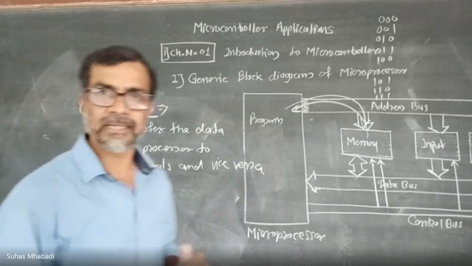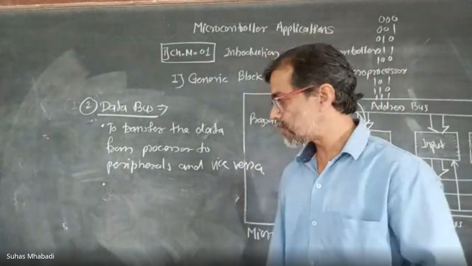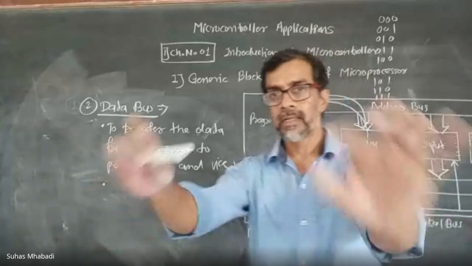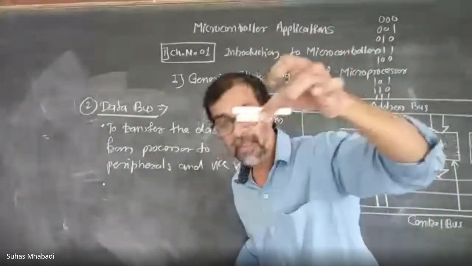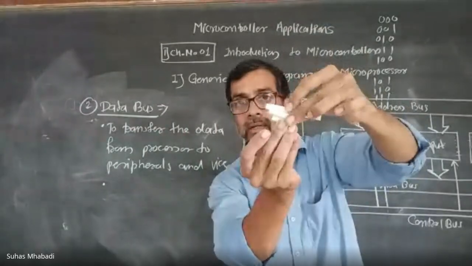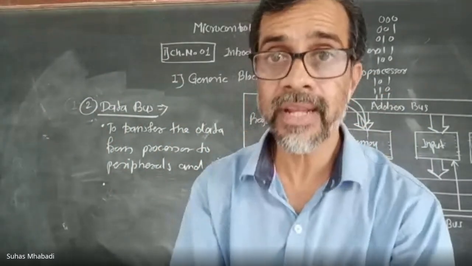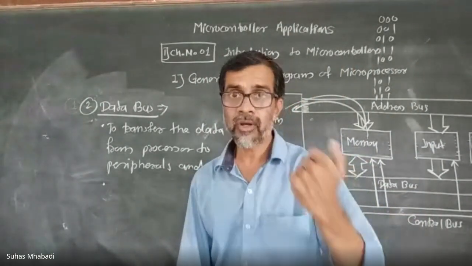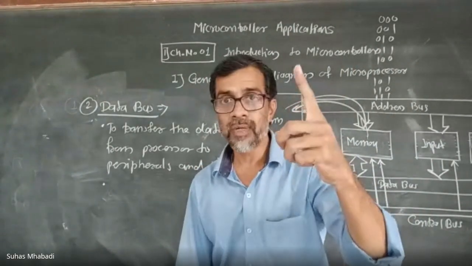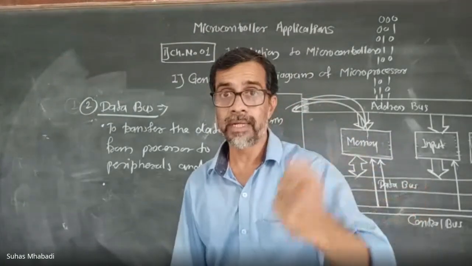Quite easy. But then what is a bus? Of course, a bus is a bunch of lines. This is one line, this is the second line, maybe the third line. So a number of lines. Of course, that number of lines will depend upon the variant. Maybe having 8 lines is called one bus. 16 lines, 32 bit.